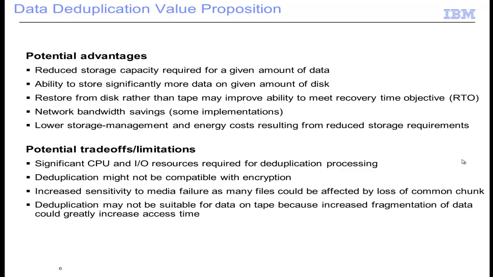And all of this means lower storage management because you're storing less data, and therefore you're saving money due to reduced energy cost as well as reduced storage environment needs.